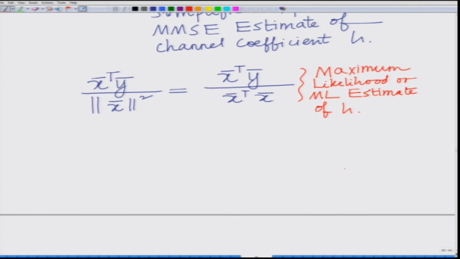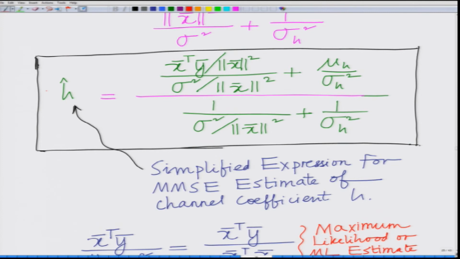And what is this other quantity? Remember, there is the other quantity sigma square divided by norm x bar square. The earlier quantity is the MLE, the maximum likelihood estimate.